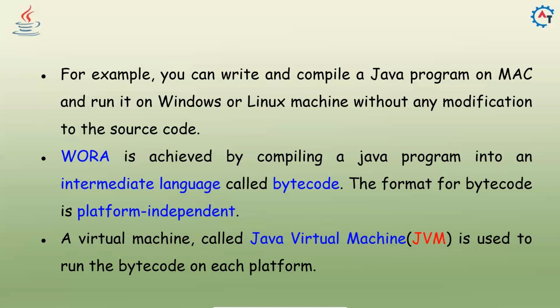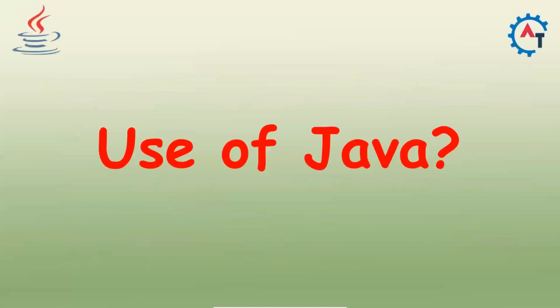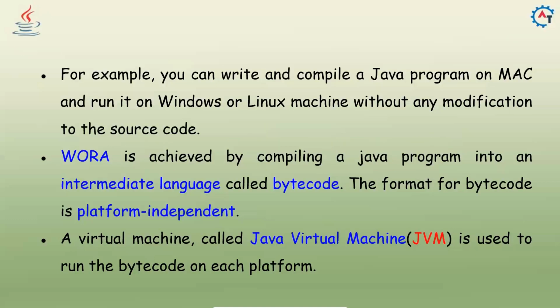The purpose of the JVM is to run the bytecode on each platform. The compiled code can be executed by the Java Virtual Machine, and you will get the output you are expecting. This is all theory. In upcoming videos we will see exactly what is happening and how it happens.